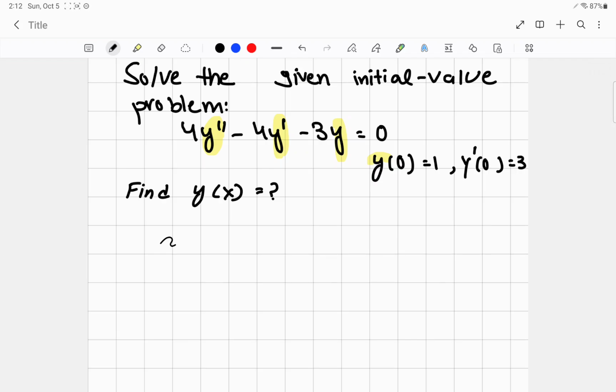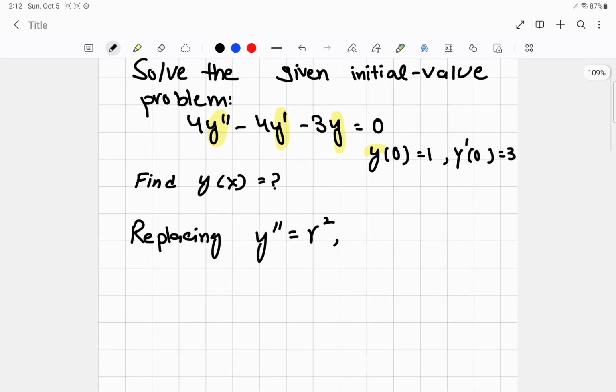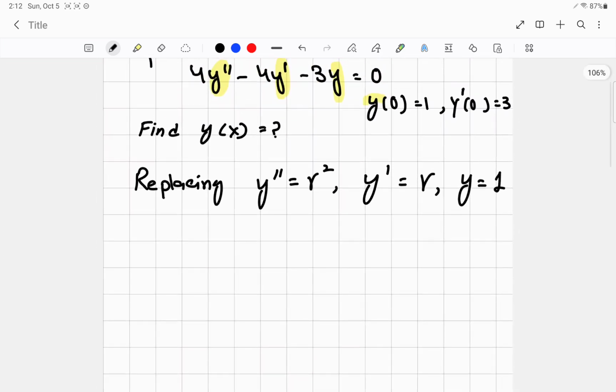So here we go, let's replace y double dash with r square, y single derivative with r, and simple y with 1. Okay, so that's called the characteristic equation. Our equation will become 4r square minus 4r minus 3 equals 0.